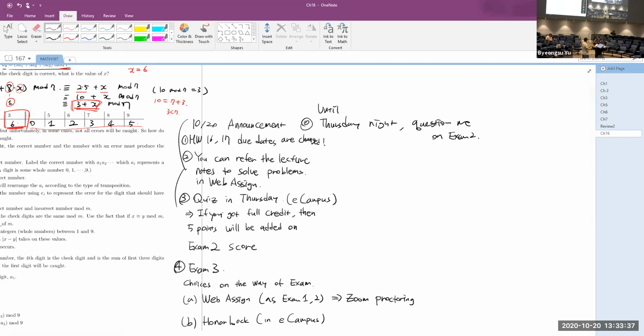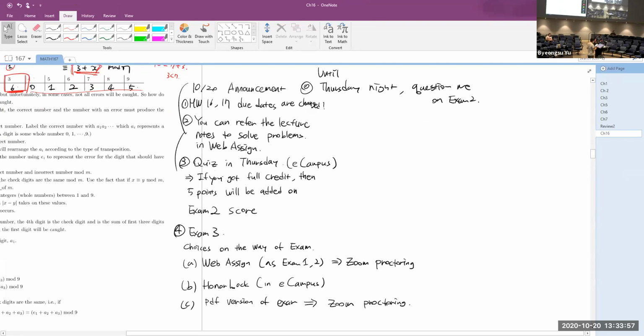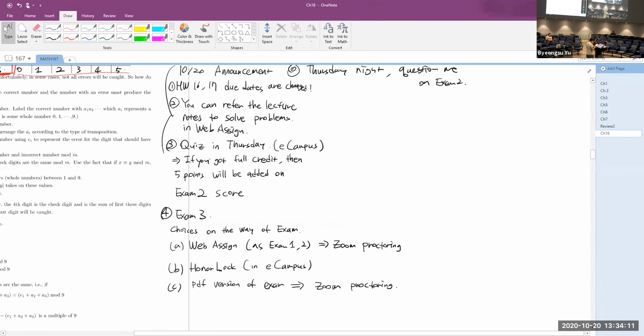For example, I will give you the formula for how to find the check digit, and then I will let you solve the problems, right? I do not want you to memorize all the formulas because it's not that productive for this course. So don't worry about memorizing formulas. Just make sure that you can apply the formulas in the lecture notes to solve your problem or not, right? So that's the second thing.